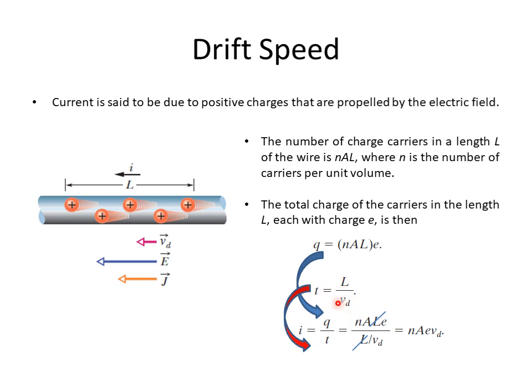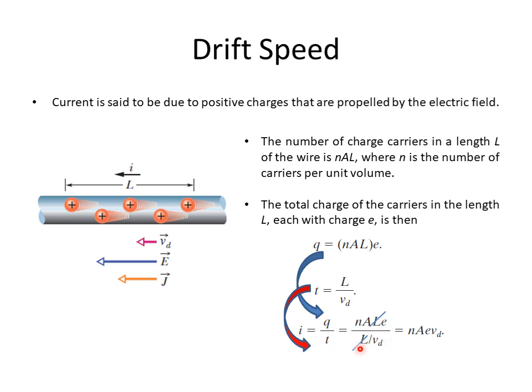The next equation is I is equal to Q over t, the definition of current. If you put the value of Q and the value of t into this equation, it becomes nALe over L over vd.